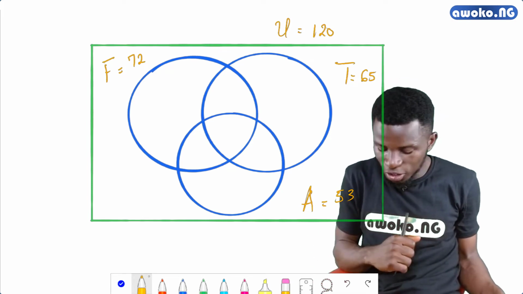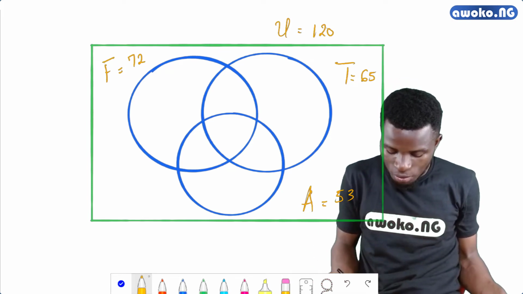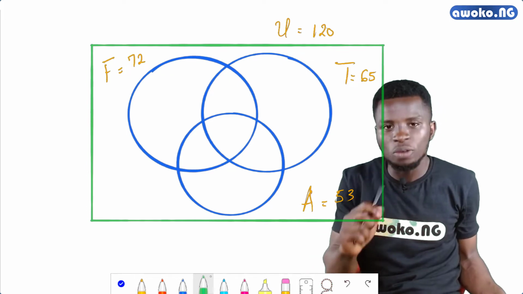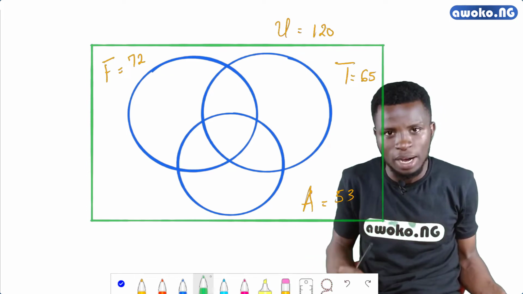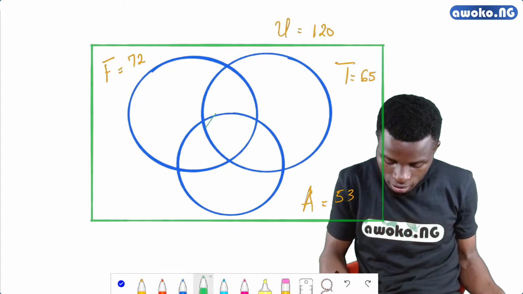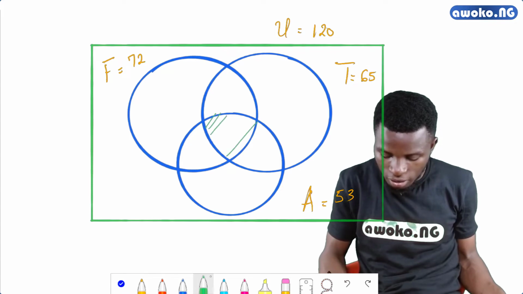So, to continue with this, where is the point of intersection between the three banks? Of course, this is the point of intersection.